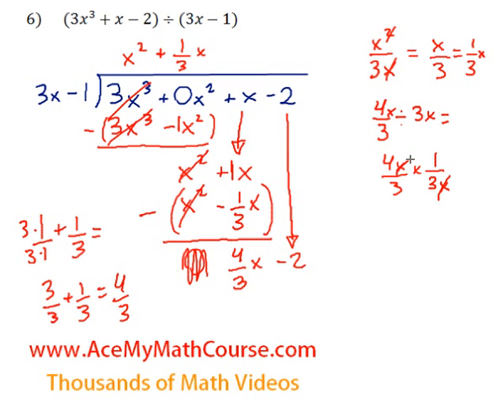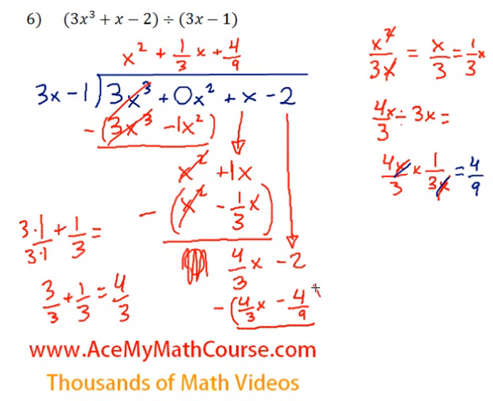Let me just grab a different color here so that I don't confuse anyone. Now 4 times 1 is 4, and 3 times 3 is 9. So we get 4 over 9. And that's what I'll plug in over here. Okay, so 4 over 9 times 3x is just 4 over 3 x. And 4 over 9 times minus 1, that's minus 4 over 9. Perfect.